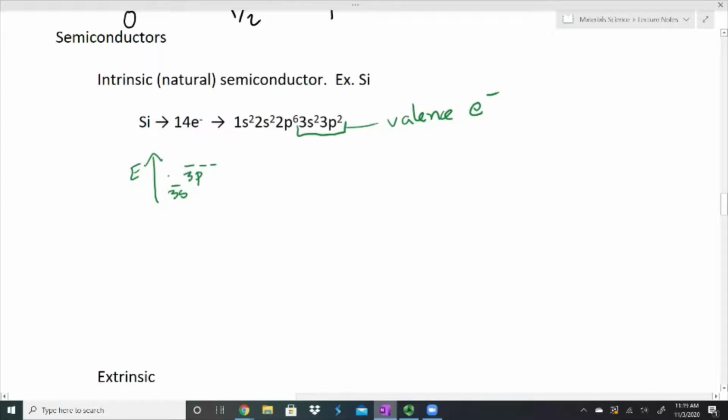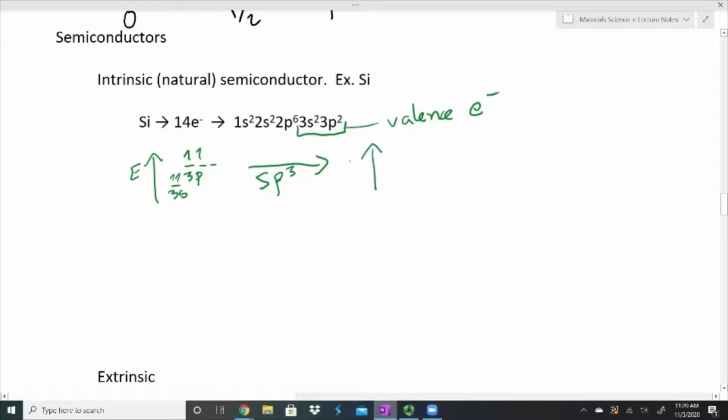If we didn't hybridize this, I would have 2 electrons in my 3s, and 2 of them in my 3p, and that would only allow me to have 2 bonds here. We want a material that acts similar to carbon in a 3-dimensional, diamond type structure. And so what we're going to do is hybridize this. This is going to be sp3 hybridized.